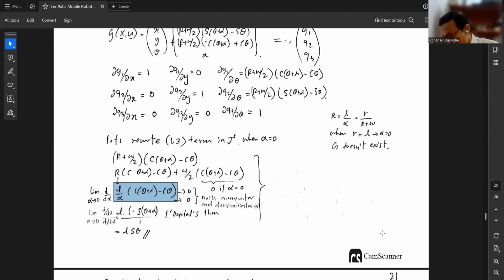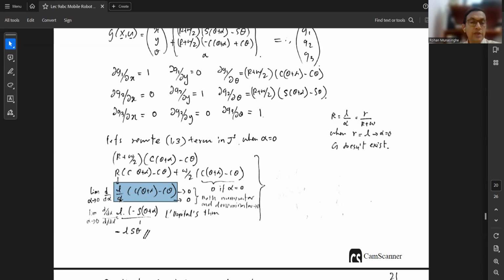So L'Hopital's rule says that when you are in a situation like that, you want to differentiate the numerator and denominator with respect to alpha, and then take the limit as alpha goes to 0. I think you remember this one from first year mathematics, maybe. Once you differentiate the numerator with respect to alpha, you get this one, L times minus sine theta plus alpha.